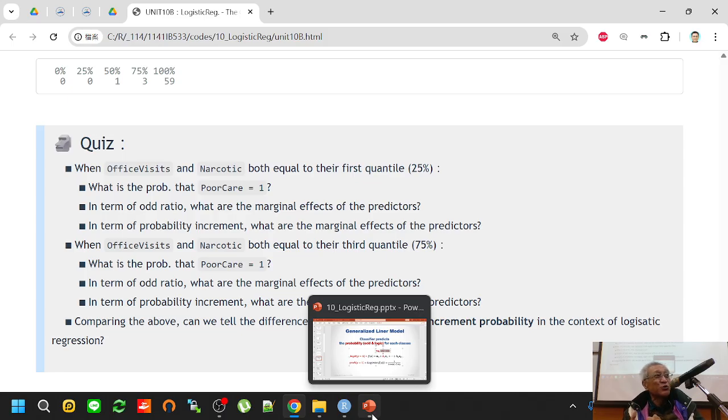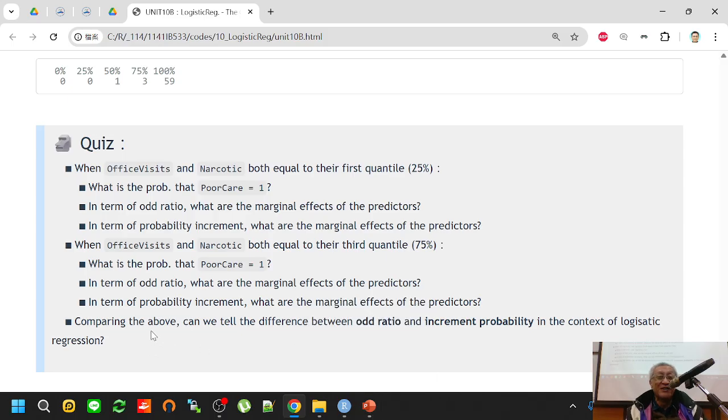And if you want to calculate the increment of probability, then you will have to know the values of all of the x first and do the increment by yourself. If the x value changes, the increment of probability will change.